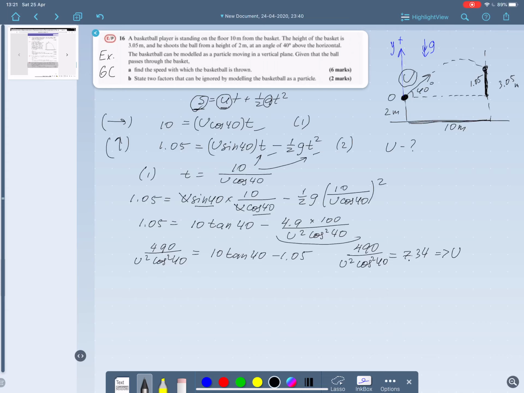So u squared is 490 over 7.34 divided by cos squared 40. Now we can work out u squared and u as well. So the value of u is 10.67, just 10.7 meters per second to 3 significant figures.